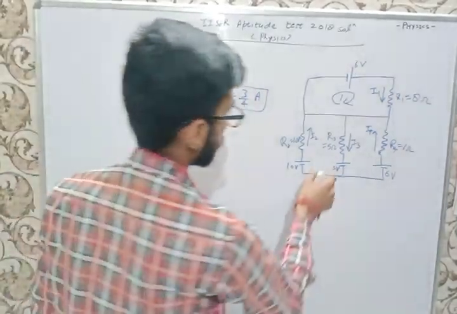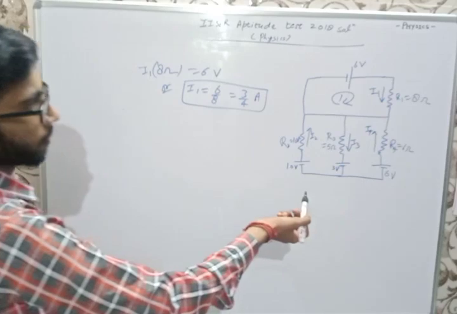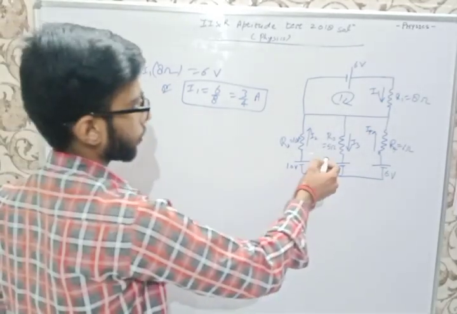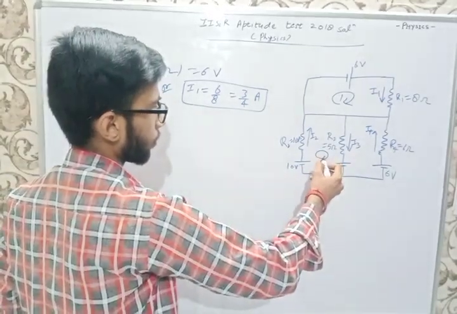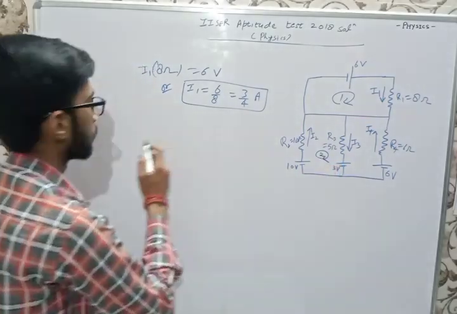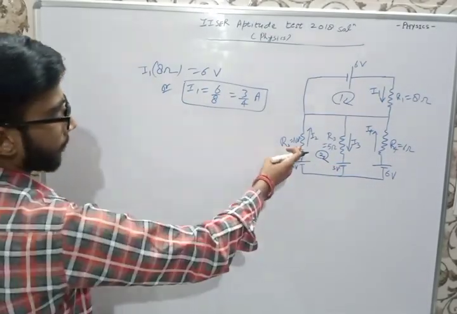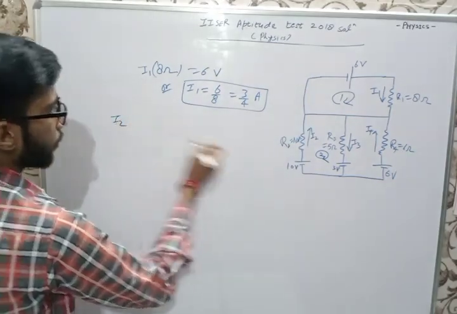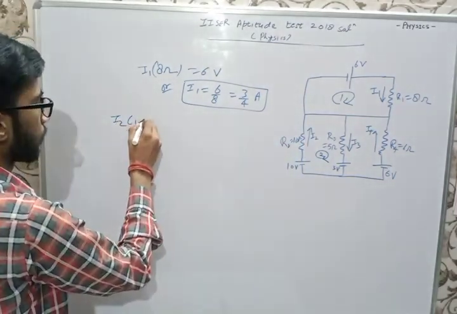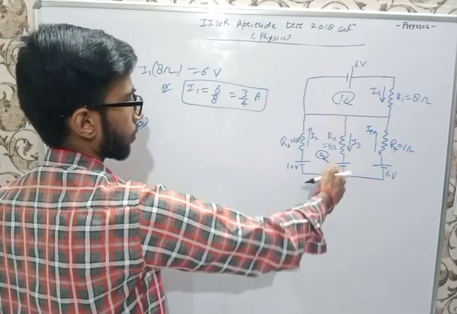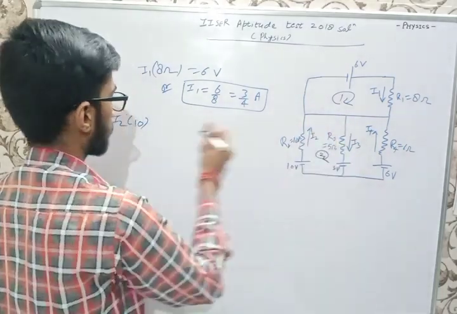Now I apply Kirchhoff's law in this direction, loop 2. In this loop 2, I2 into 10. I am going here and then come here.